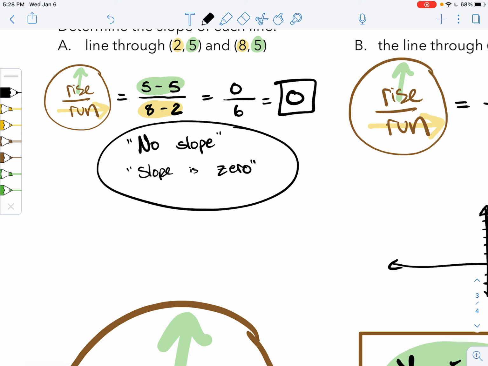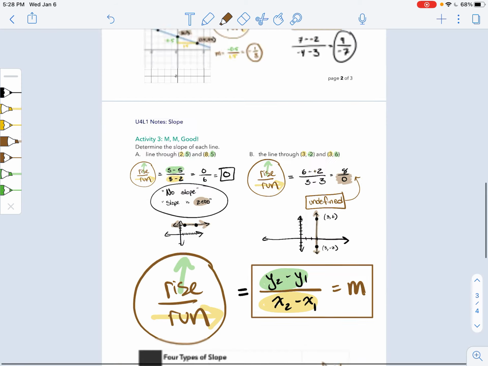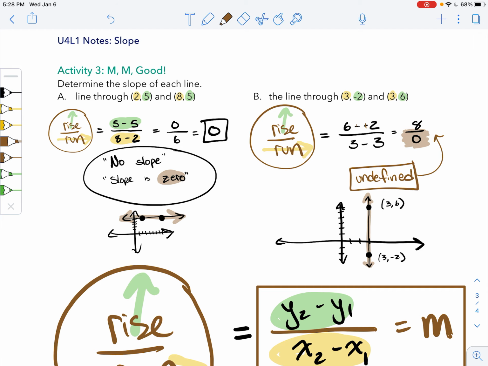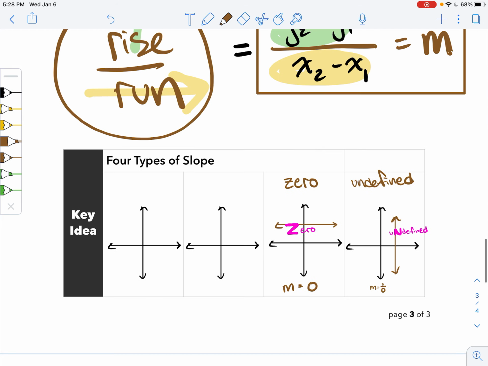We would have our amazing graph right here. Then we go over 2, up 5. And then 8, 5. Oh, hey, check that out. That's a horizontal line. So when you have 0 slope, it's going to be a horizontal line because there's no change in the rise. There's no rise.